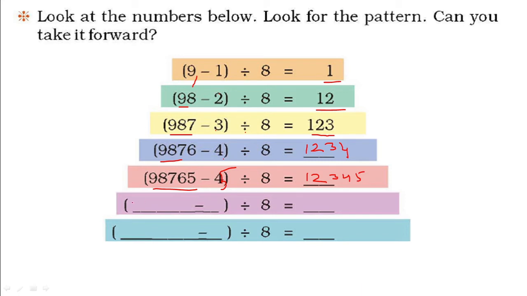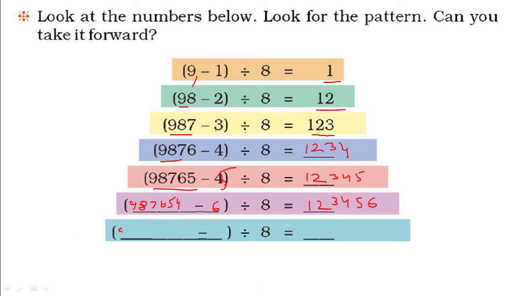Now 6 digits, 9 8 7 6 5 4, minus 6 divided by 8, so this will become 123456.